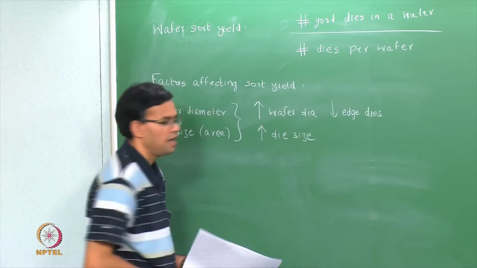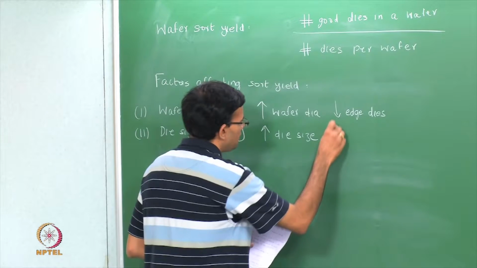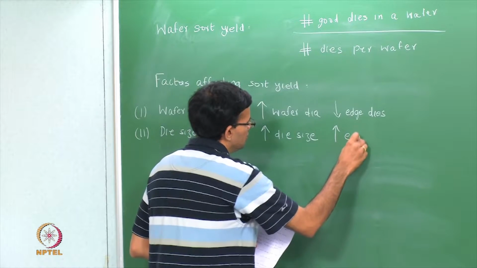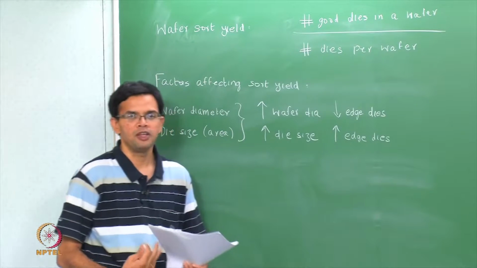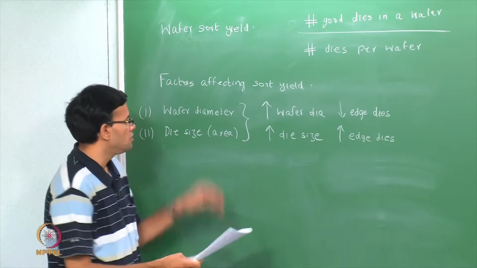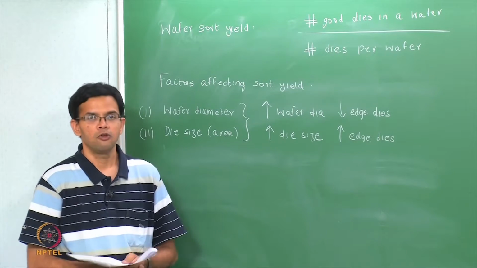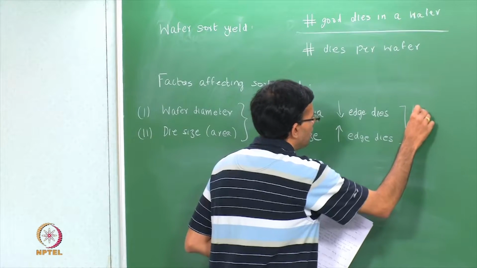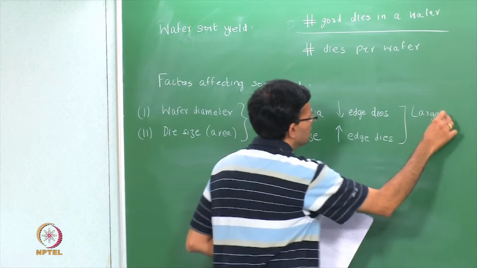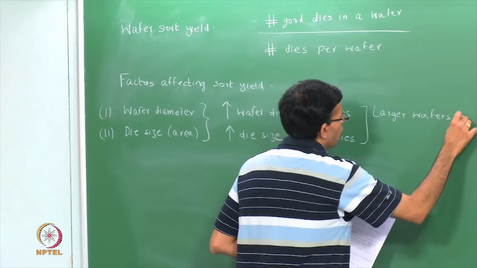So, we increase the size of the individual die, which means the number of edge dies will increase, which will lead to a lowering of the yield. So, these two sort of work one against the other, so the overall idea is to have larger wafers, which are more cost effective.